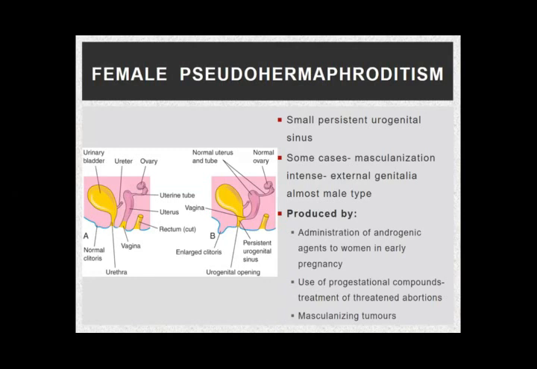So basically, the uterus has developed, but the uterus is opening into the urinary bladder, or the vagina may be opening into the urinary bladder. Intense masculinization of external genitalia may occur.